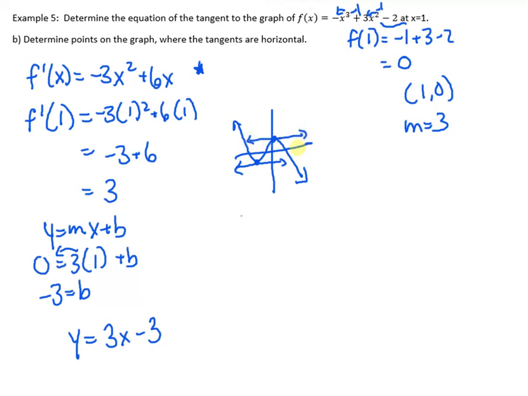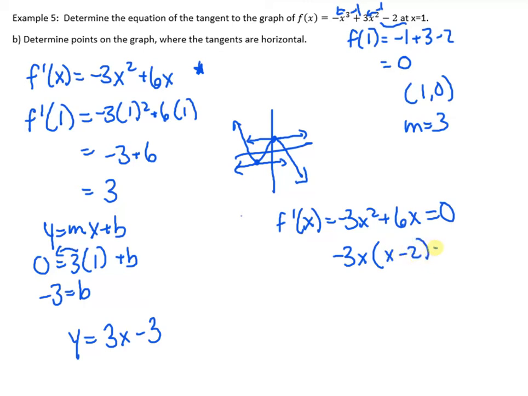When we're looking at horizontal tangents, we're looking for this slope of -3x squared plus 6x to actually equal 0. So let's just factor this. -3x, when does this slope equal 0? -3x, we can get x minus 2. This slope equals 0 when x equals 0 and x equals 2.